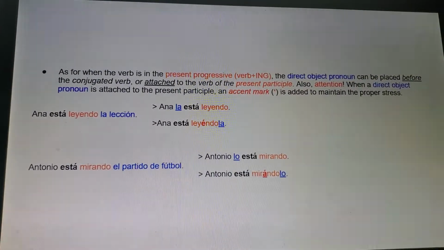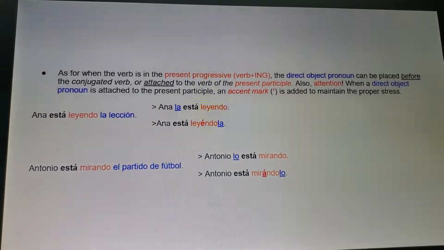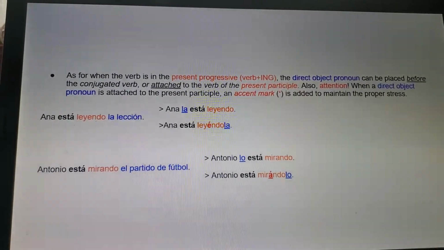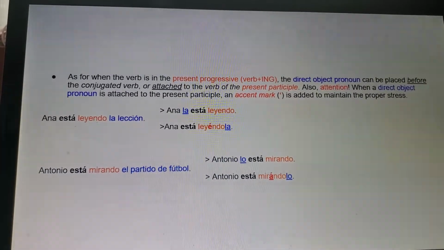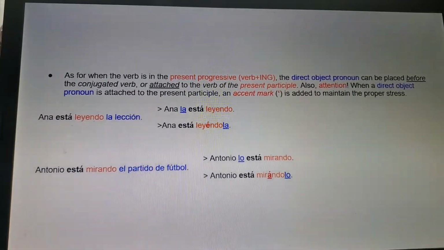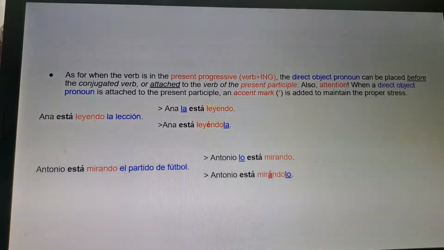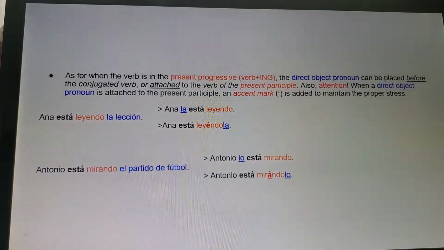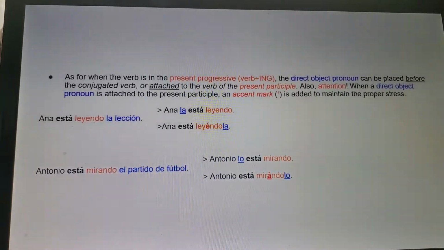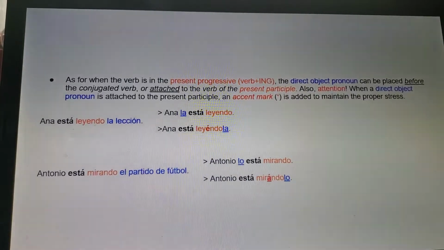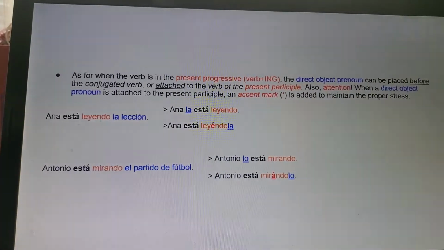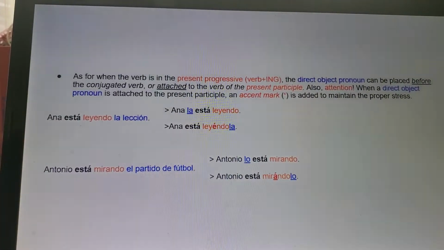When the verb is in the present progressive, like verb plus ing, the direct object pronoun can be placed before the conjugated verb or attached to the present participle. Also, attention: when a direct object pronoun is attached to the present participle, an accent mark is added to maintain the proper stress. Here are two examples. Ana está leyendo la lección.